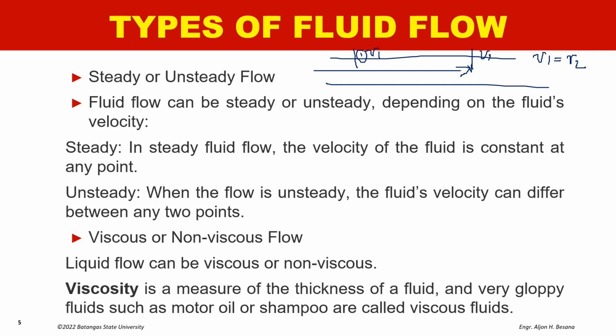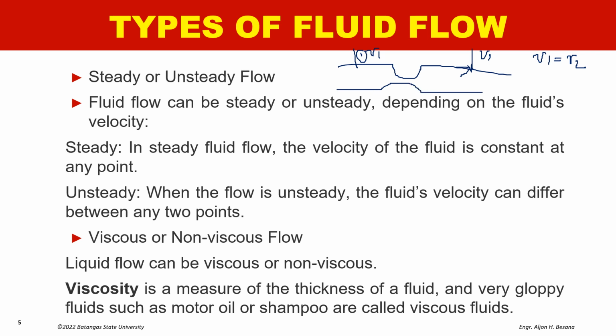But if we put something like this, let's say there's a bump here, so there will be a change in area. If we change the area, then the velocity will also change just to conform to the continuity equation.